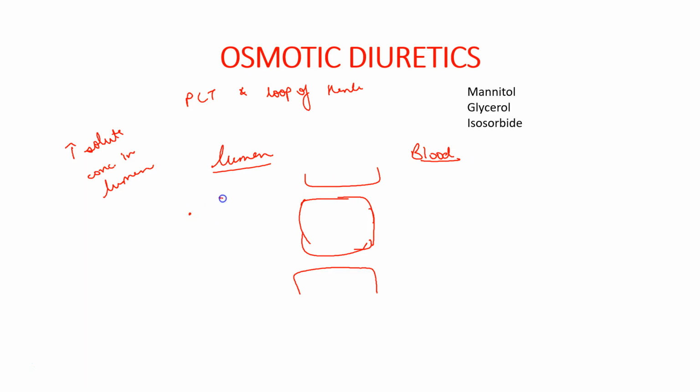Because of the increased concentration of the solutes in the lumen, based on the law of osmosis, more and more water will come to the area where there are more solutes, and there will be less water where there are less solutes, right? So what it does is that it pulls the fluid into the lumen because it causes increased osmolarity inside the lumen.